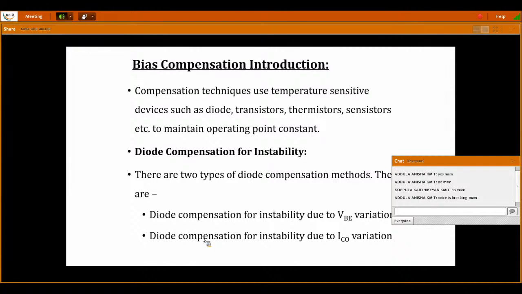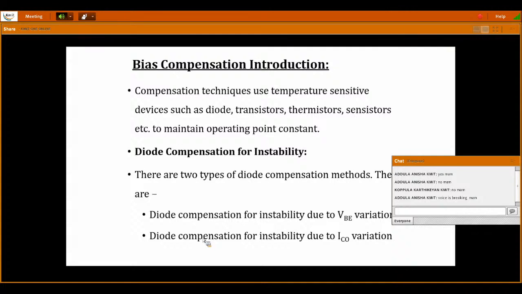So the first compensation technique is the diode compensation technique. In this diode compensation technique, we have two methodologies. With the connection of a diode at the base to emitter junction, at the emitter terminal or at the base terminal, you can compensate the changes in the VBE variation, the base to emitter junction variation, as well as the leakage current variation.